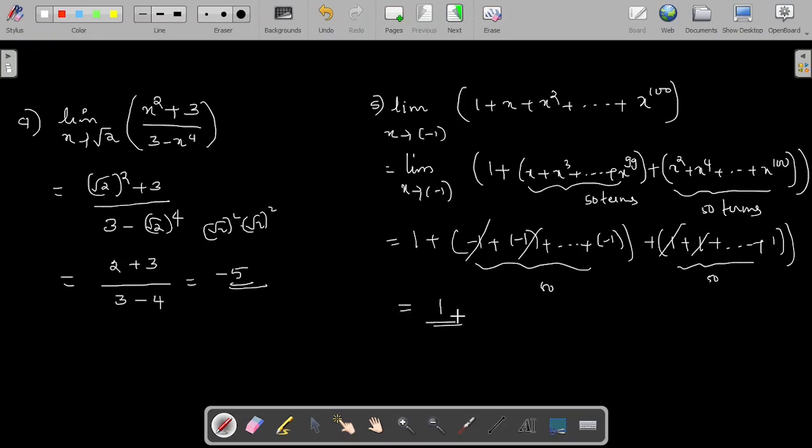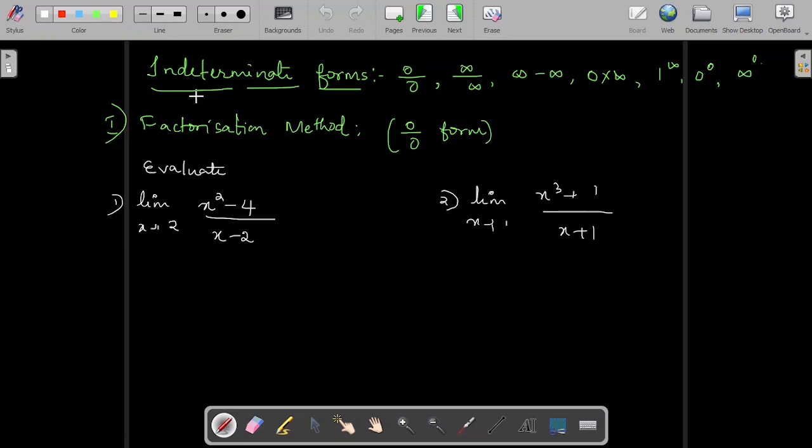The answer is 1. Now the next method is for indeterminate forms. That is, when the direct substitution method does not work, that means if direct substitution gives the indeterminate forms of the form 0 by 0, infinity by infinity, infinity minus infinity, 0 into infinity, 1 to the power infinity, 0 power 0, infinity power 0.